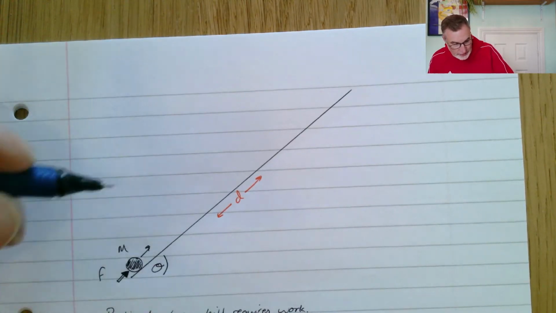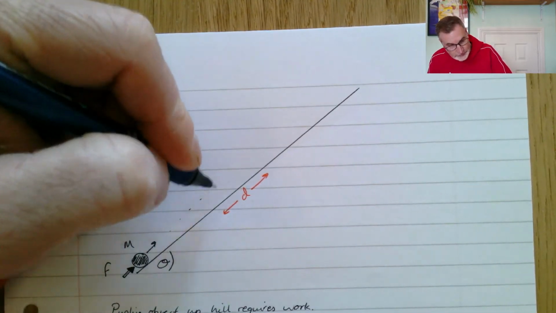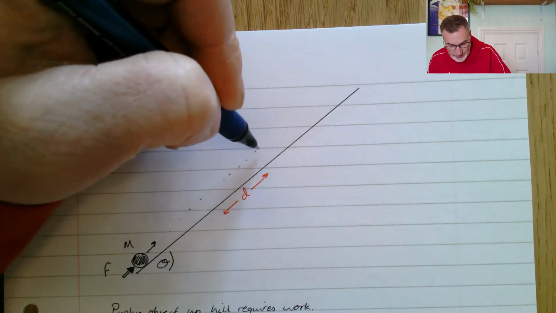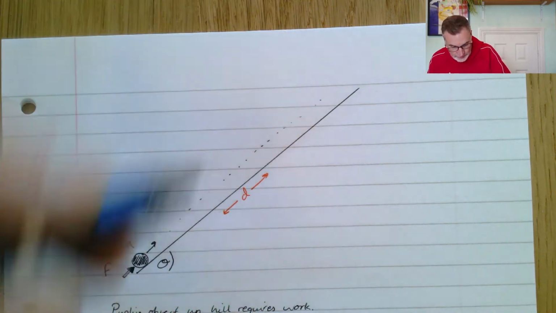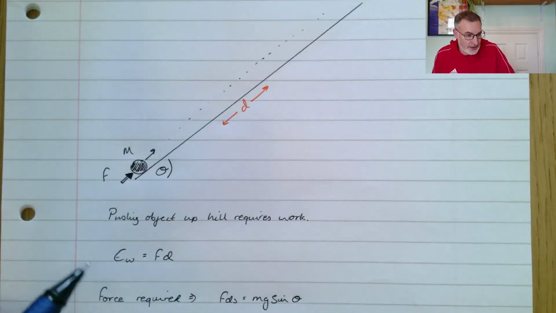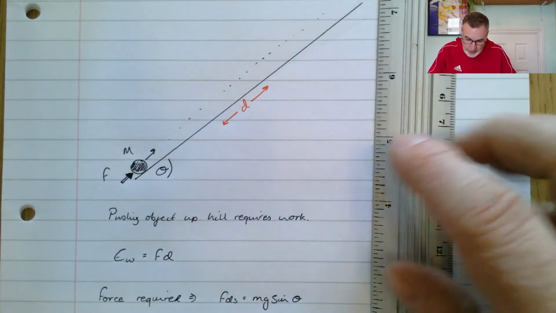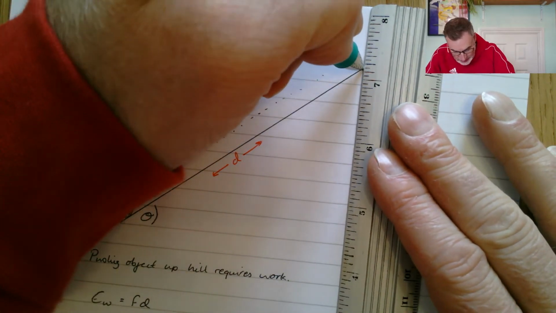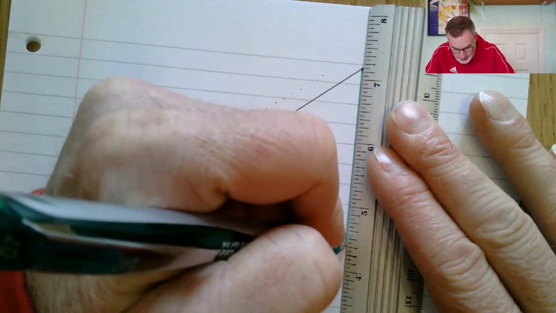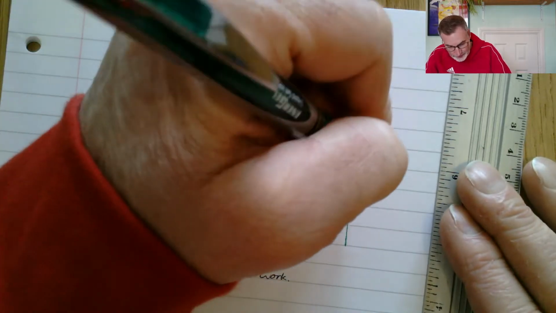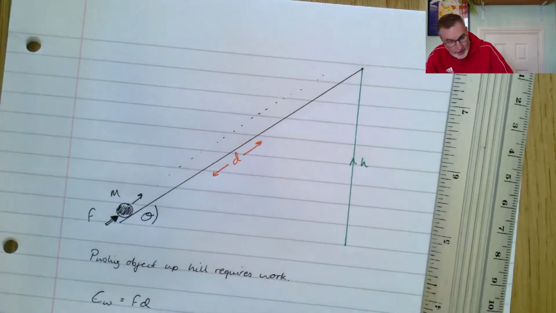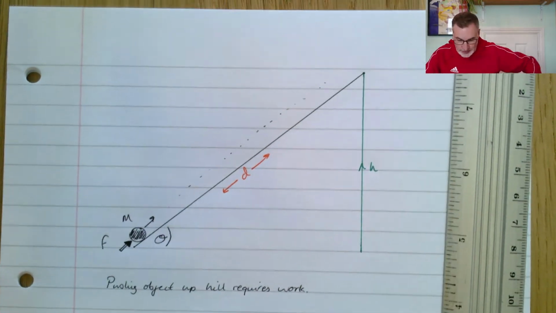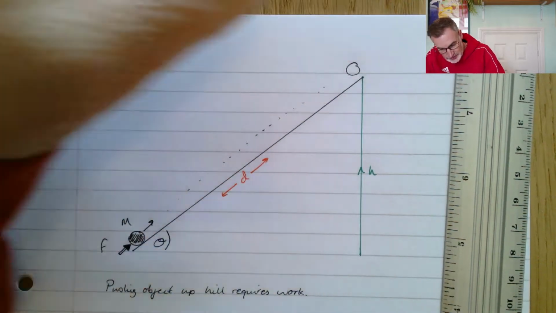As the object moves up towards the top of the hill, the force that we're applying, the work that we're doing, is going to be getting converted into gravitational potential energy. So we're going to have now a height at the top of the hill.